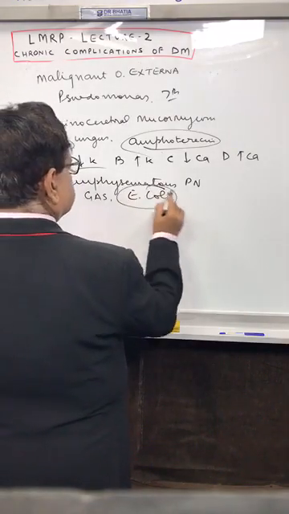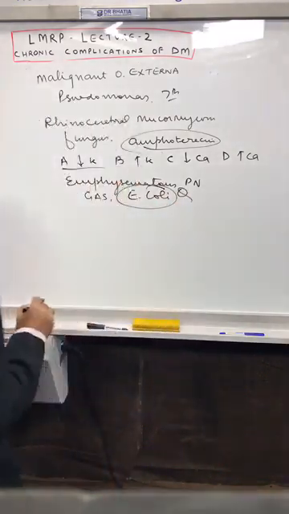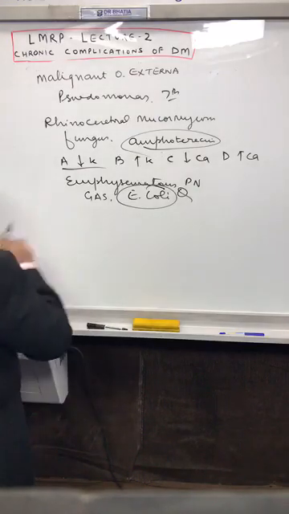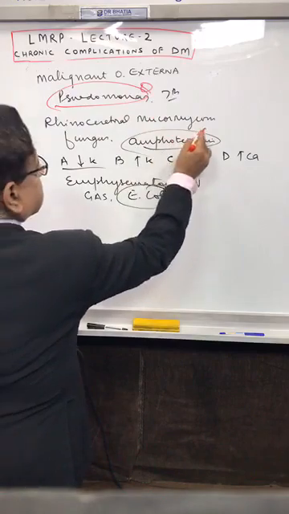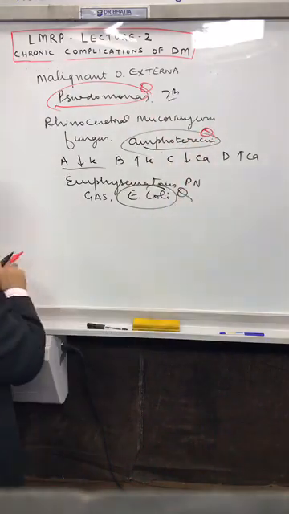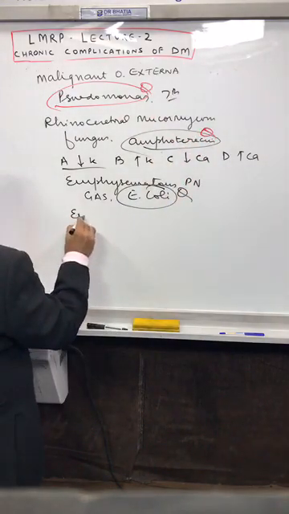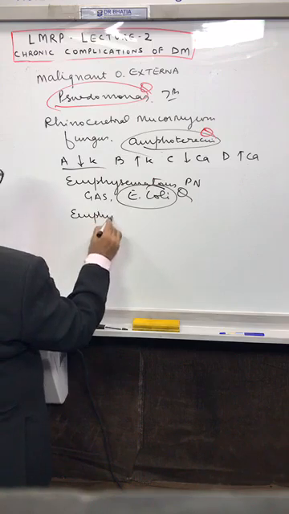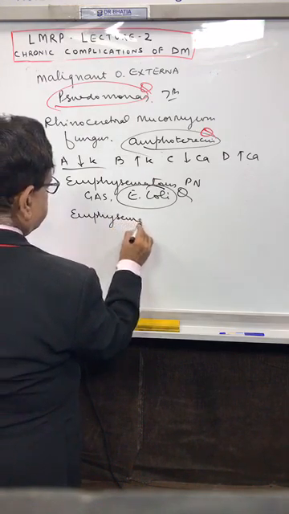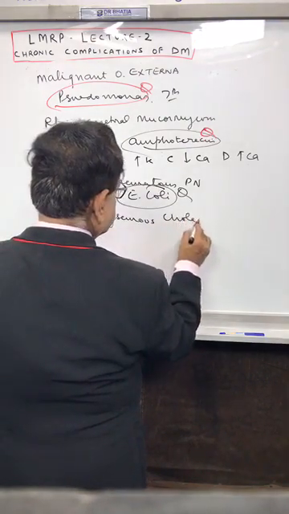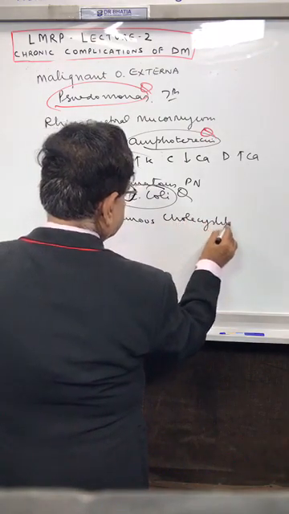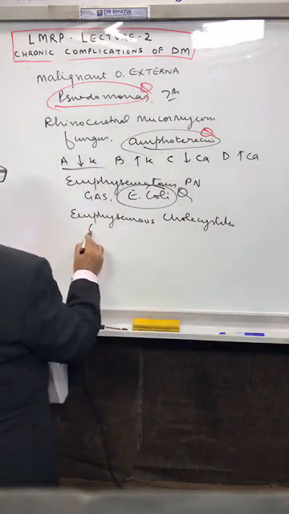But the main thing is this, the question for you. Now we have emphysematous cholecystitis, gas in the gallbladder area.